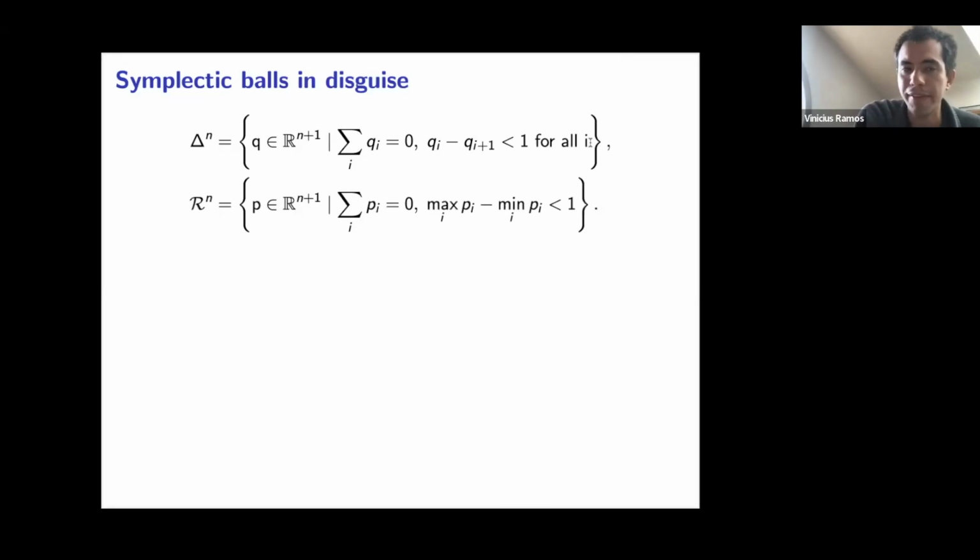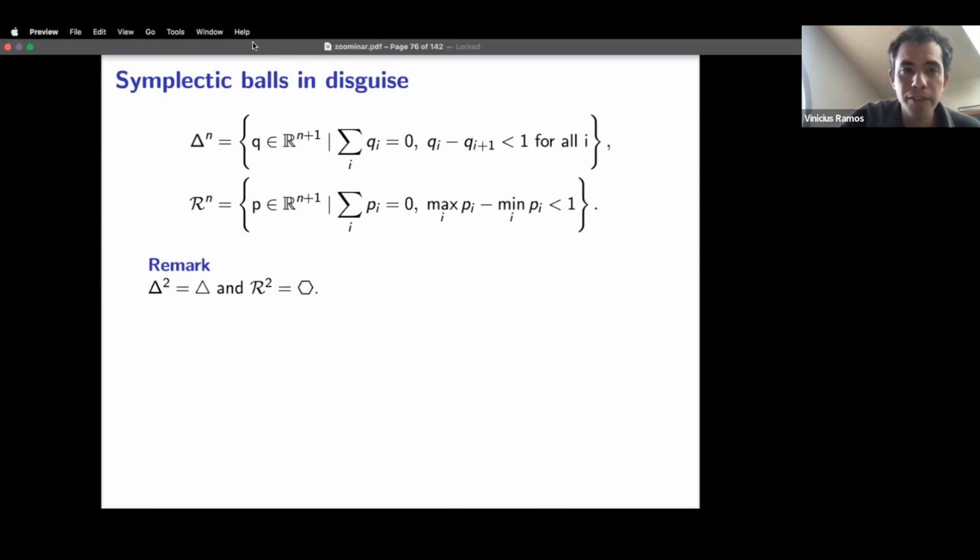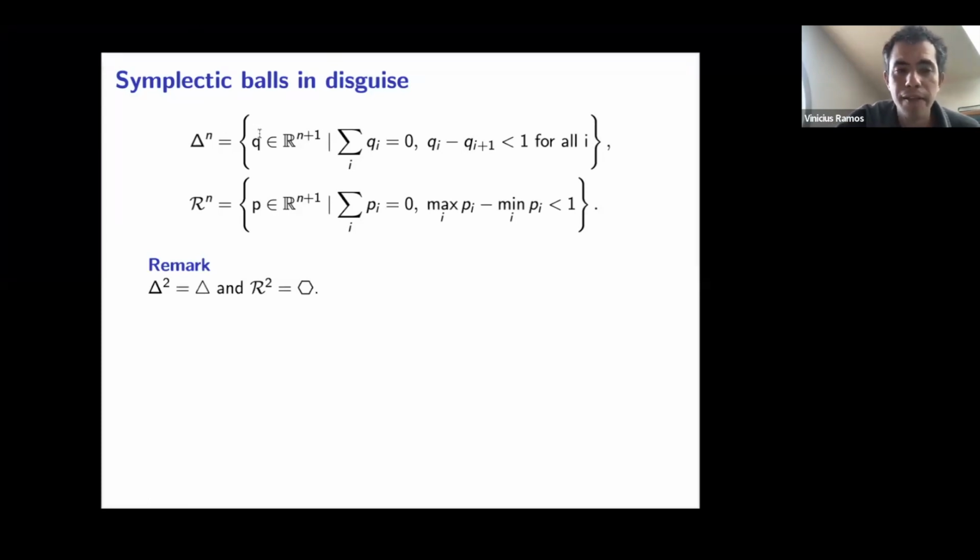This is a set of points in R^(n+1), also in the same hyperplane, but now I require that the largest coordinate minus the smallest coordinate is less than 1. A simple exercise is that in dimension 2, this delta 2 is the equilateral triangle, and R_2 is the regular hexagon. That's another exercise if you're bored.